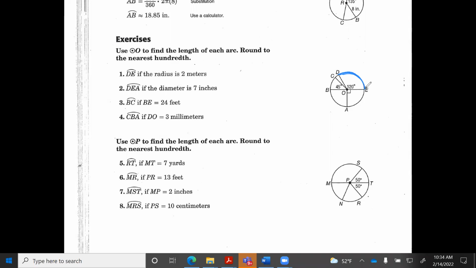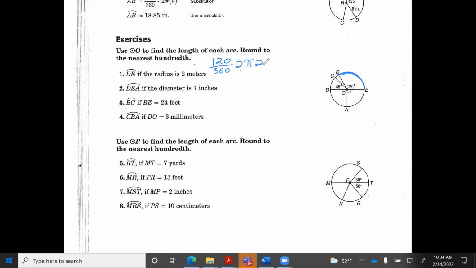So plugging into our formula, we have 120 out of 360 times, since we're using a radius, I'm going to use 2 pi r. So we're going to do 2 pi r for our circumference, and that radius is actually 2, so I'm going to plug 2 in for the radius. So that's 2 pi 2.